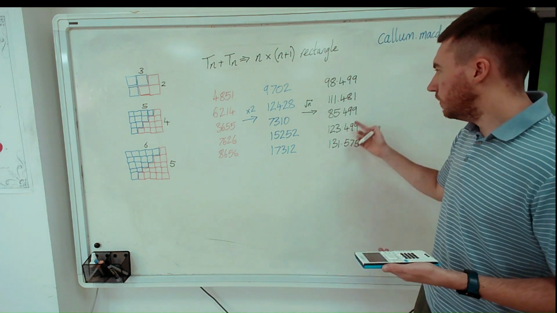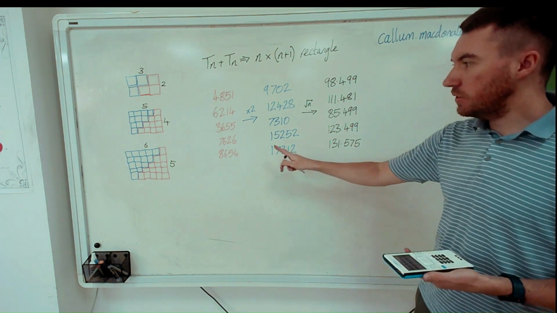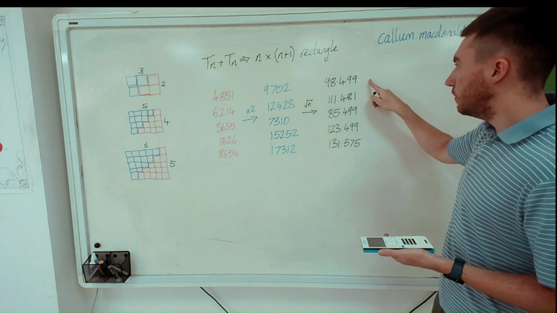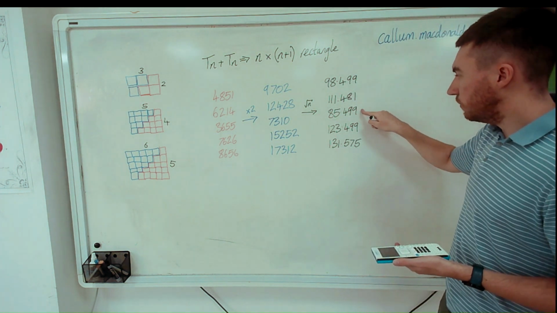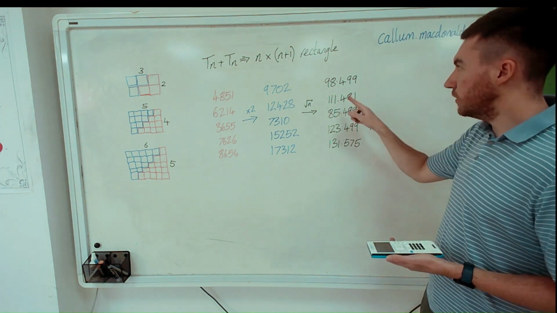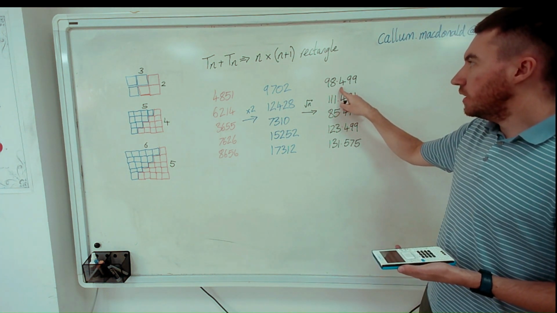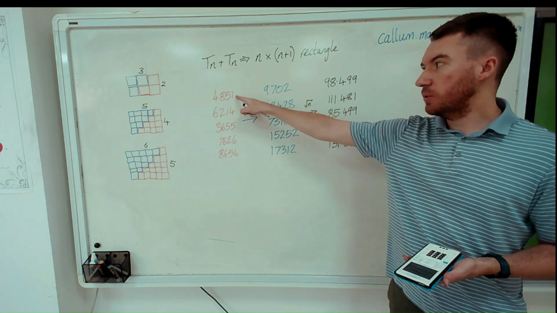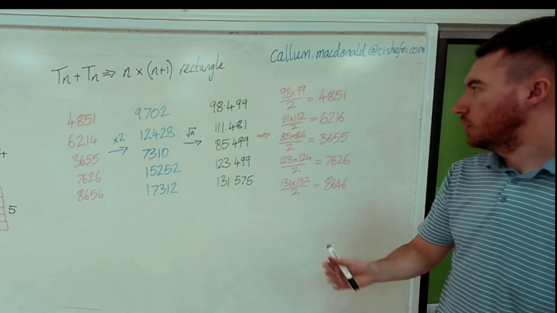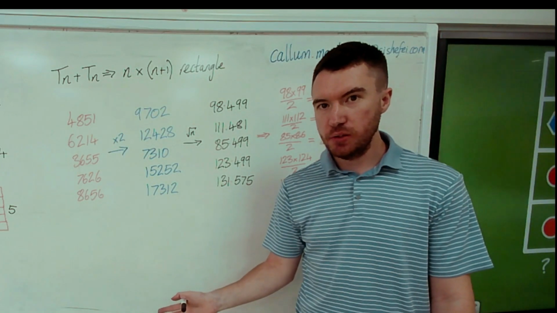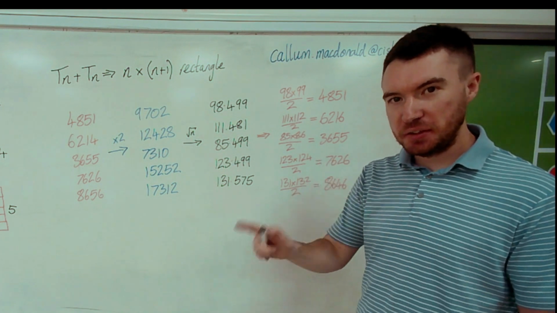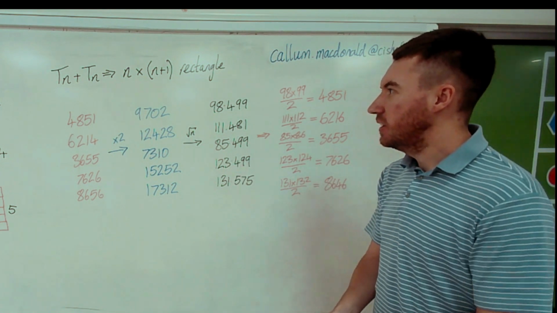Okay, so this is what you end up with after you times by 2 and then square root. And you can see that actually a lot of the numbers are close to 0.5, rather 0.499. So for this one, we would do 98 times 99 and see if it equals this. If it does, then this is a triangle number. Okay, and these are the answers that you get. I forgot to mention that you have to divide by 2 to get the triangle number, not the rectangle number.